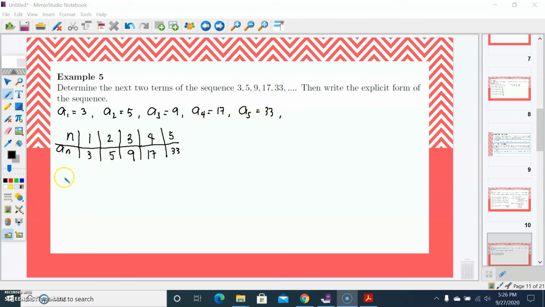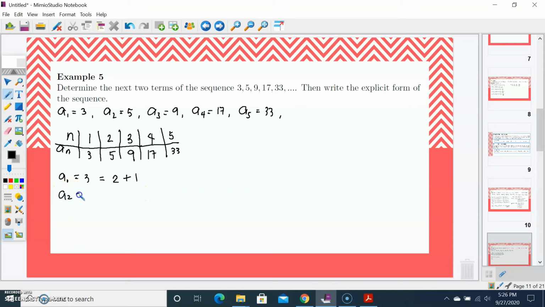So, since we have a sub 1, which is equal to 3, as we all know, 3 can be written as 2 plus 1, right? Okay.